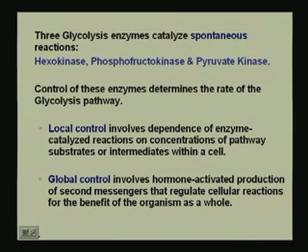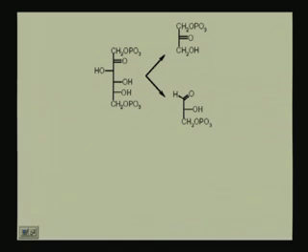Now, let us look at one such example. This is one step of the glycolytic pathway. If you look at this, you see it has two phosphates attached, at carbon number 1 and carbon number 6. You have a ketose.